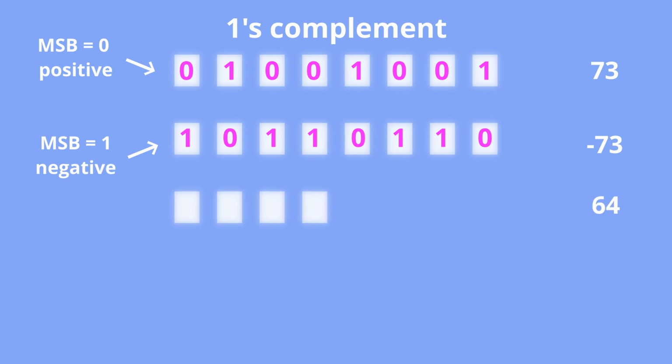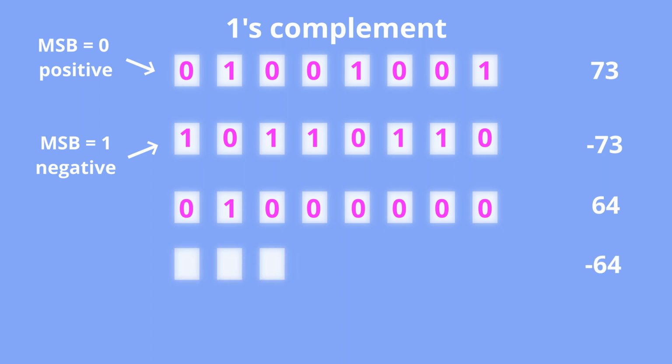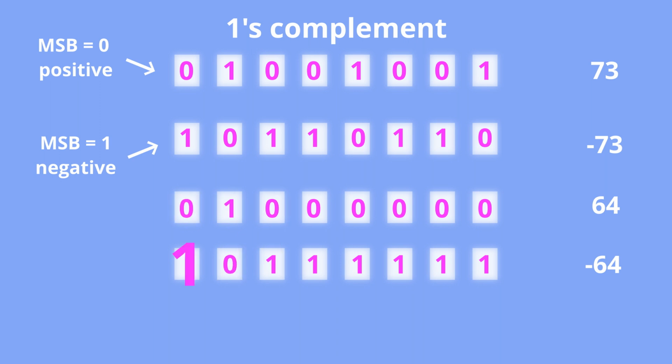Now let's take positive 64 and make negative 64. Please pay attention that if we invert all bits of negative number, we will return to the initial positive number.